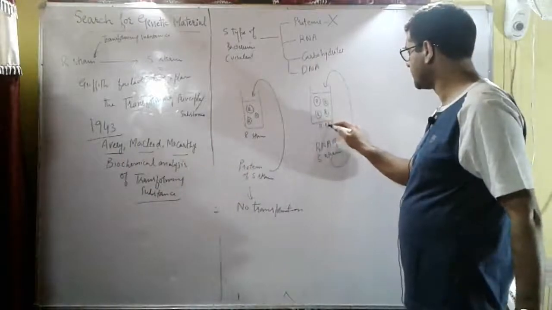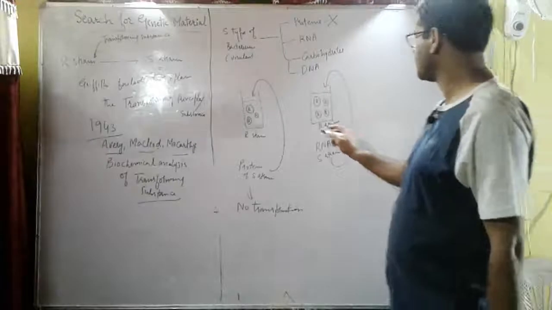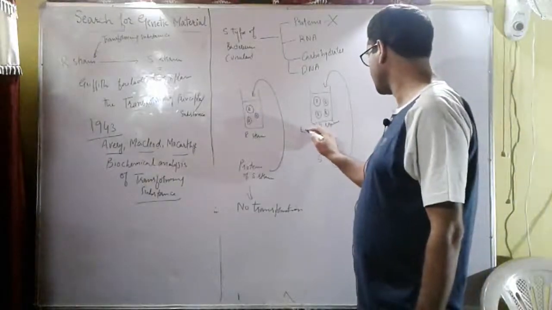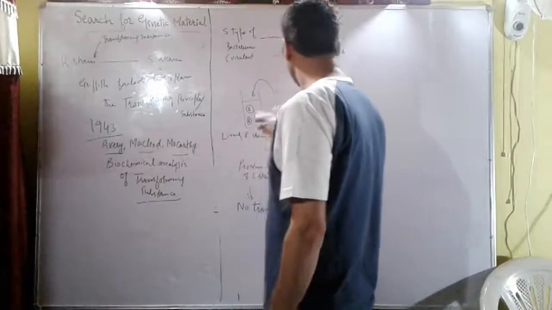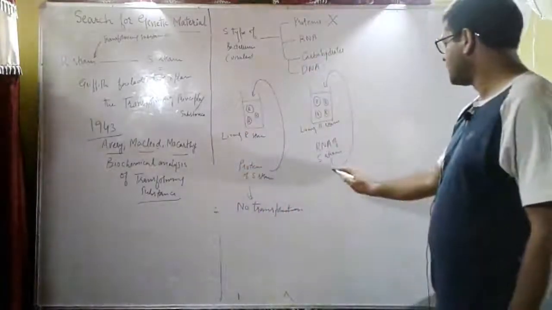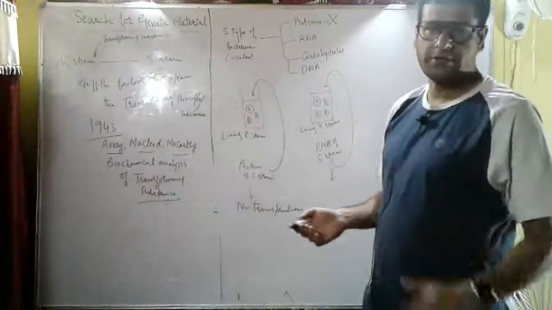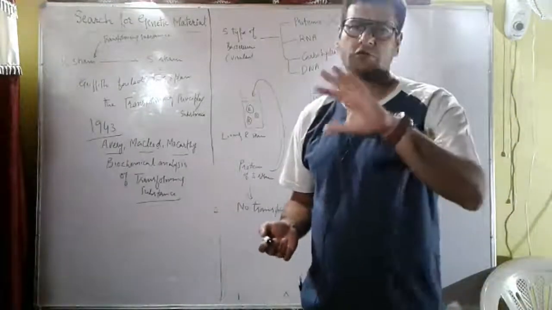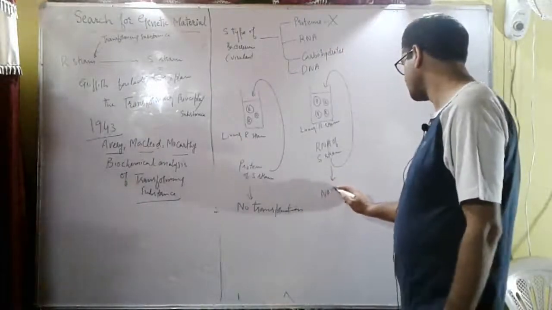So this is the non-virulent, living R strain of bacterium. So what did they find? They found no transformation. That means R type of bacterium had not got transformed into the S type. So no transformation.